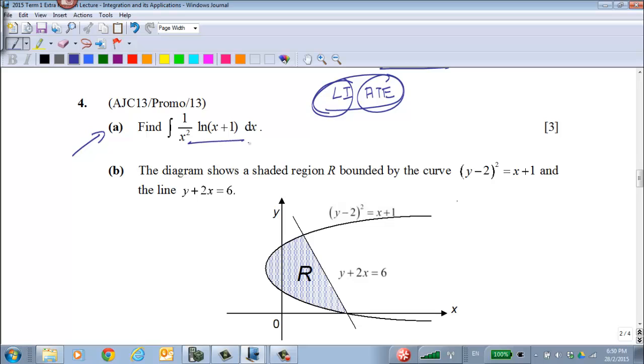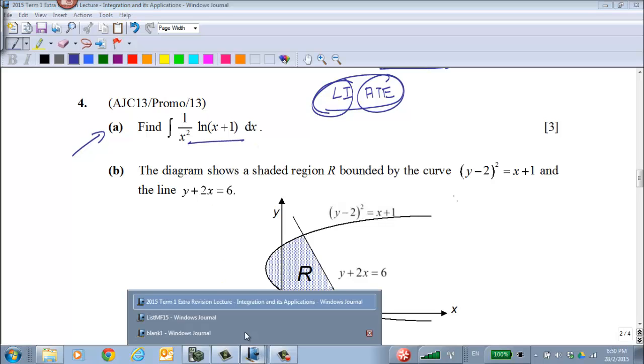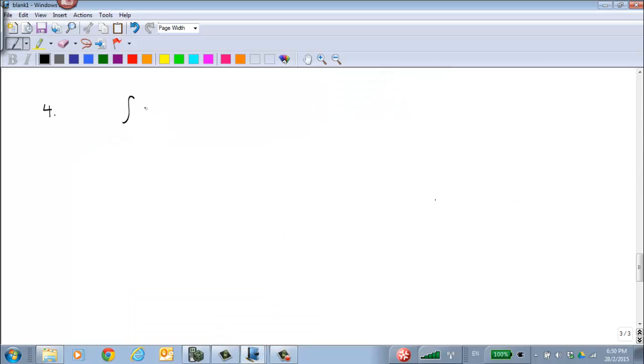So for this particular expression, you can see that there's a ln there, hence I know it must be done by integration by parts. So this is the question, so let u be equal to this, and v prime equals x minus 2.